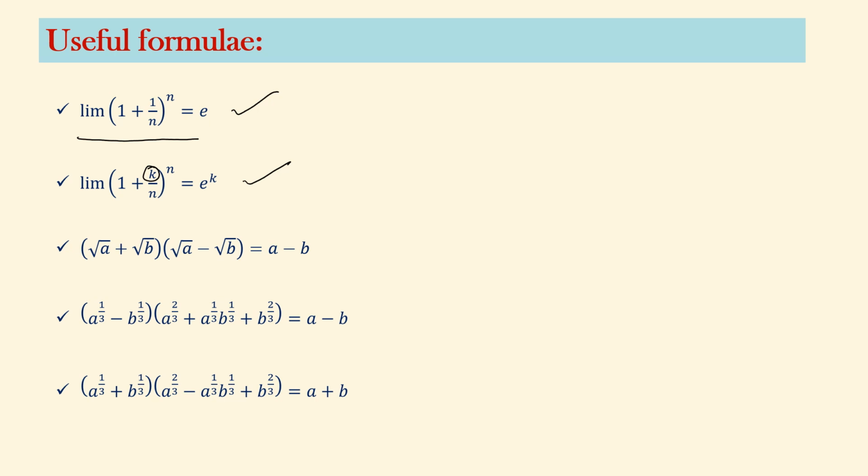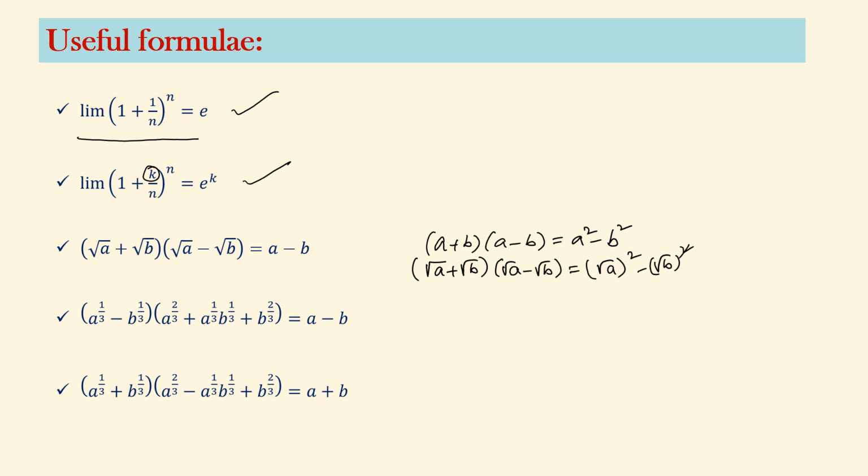And we know this, if (a plus b) into (a minus b) is there, we generally write it as a square minus b square. In case, in place of a, if surds are there, like root a plus root b, root a minus root b, then this becomes root a square minus root b square. So this will be equal to a minus b, right?